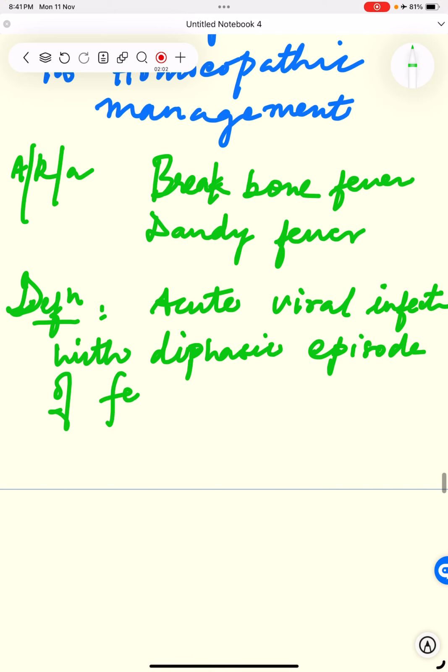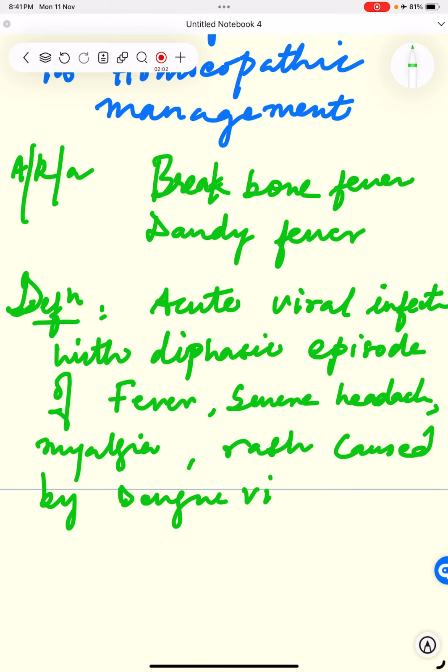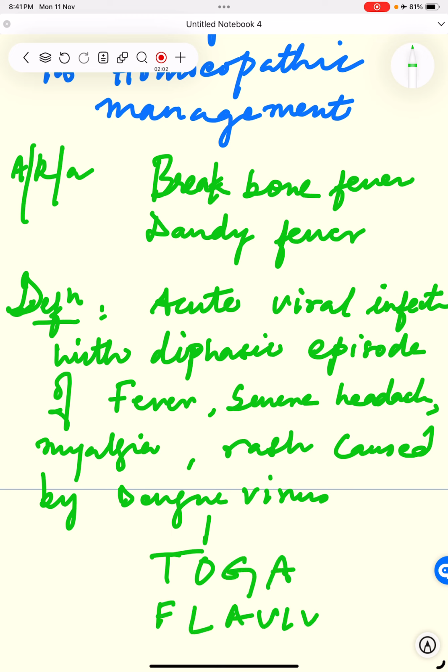Along with that, the patient also presents with severe headache, myalgia and rash, which are caused by a dengue virus. Now which virus is that? It is the toga virus, or also called flavivirus.